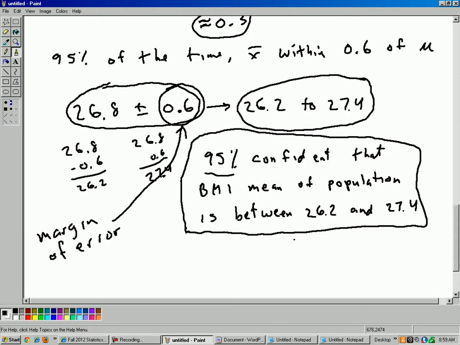But 95% of the time, our x bar is within two standard deviations, so that means if we go plus or minus two standard deviations, we're pretty sure the population mean is between these numbers. And now, later in chapter 14, we'll get more precise, but that's the basic idea for now.